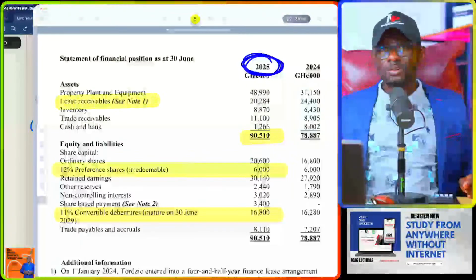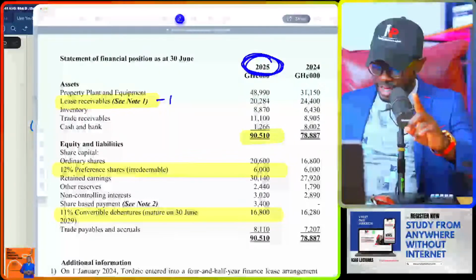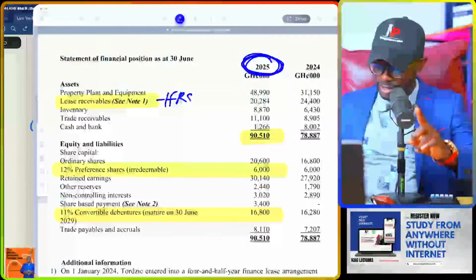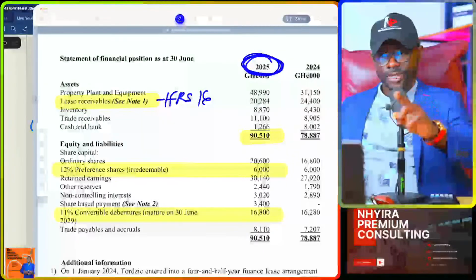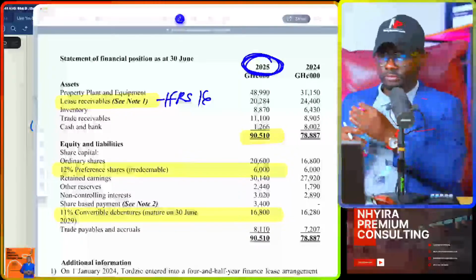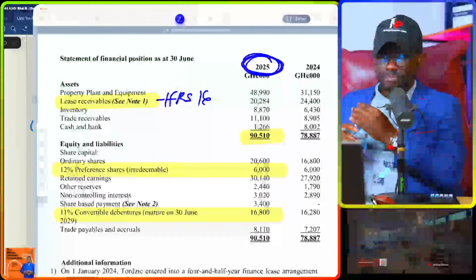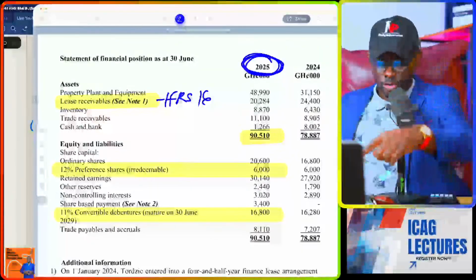Then there is lease receivable here, so lessor accounting under IFRS 16. That is why the examiner says, see note 1.